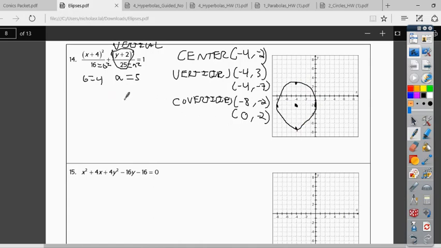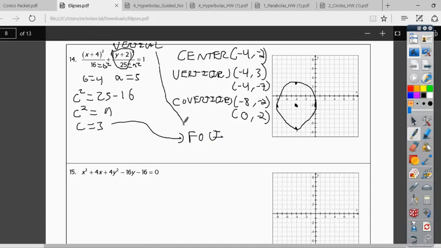Last part is to find the foci. So c squared equals 25 minus 16. C squared is equal to 9. C is equal to 3. So our foci, when c is equal to 3, knowing that this is vertical, the x-coordinate of the center stays the same, -4, and it's going to be -2 plus 3, which is going to be 1, and then -4, -2 minus 3 is going to be -5.